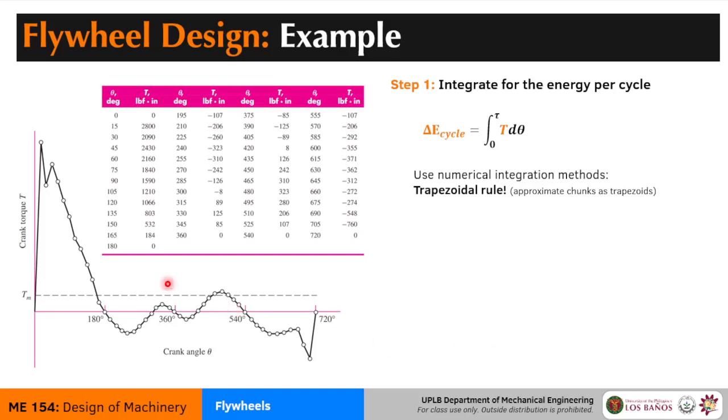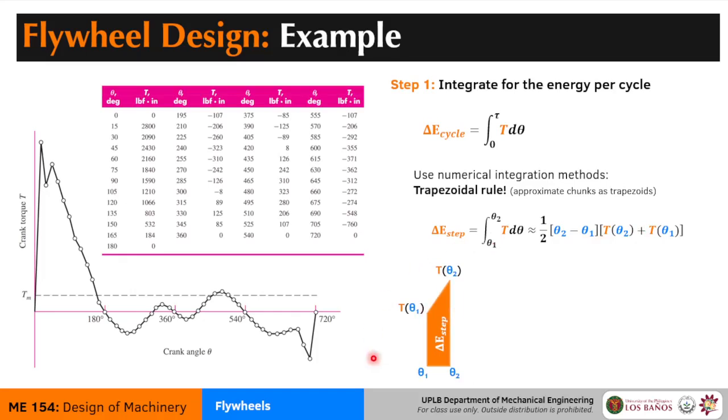The formula of the trapezoidal rule is, for every energy between two rows, so let's say 0 to 15, that energy can be calculated as if it's the area of a trapezoid. So 1 half, B1 plus B2, times height, divided by 2. Your B1 and B2 in this case are the two torque values.